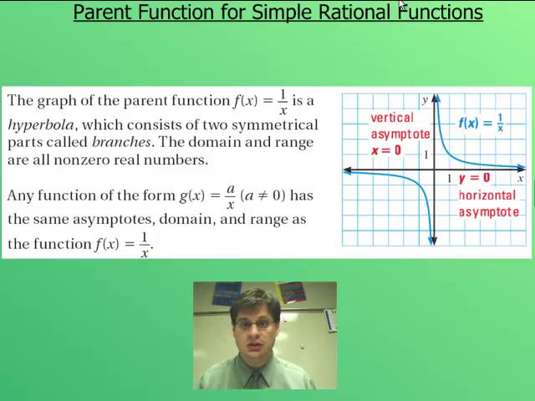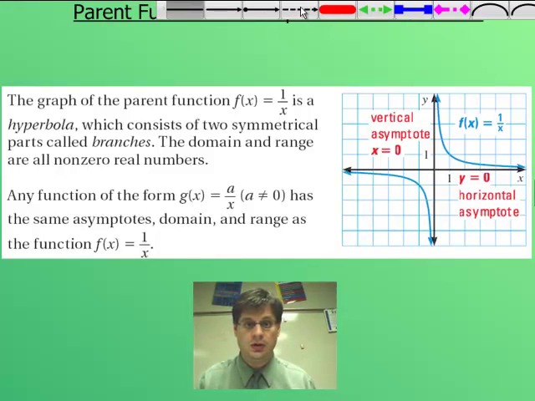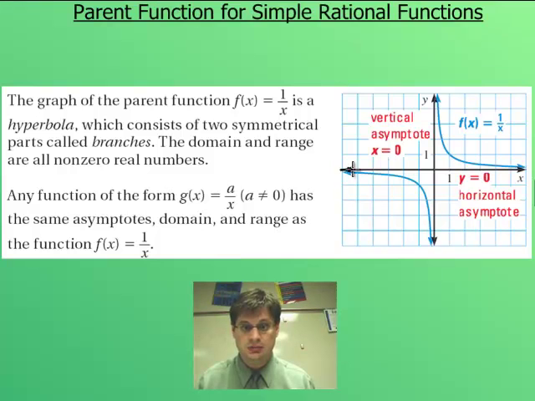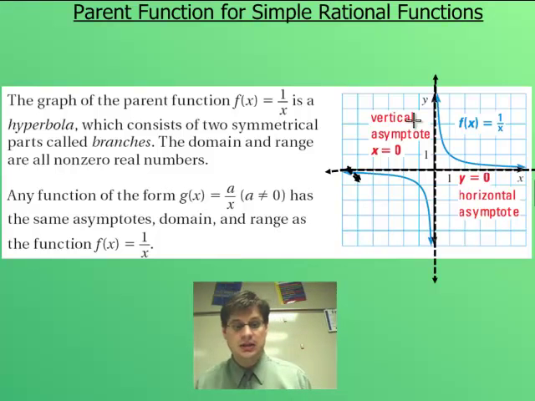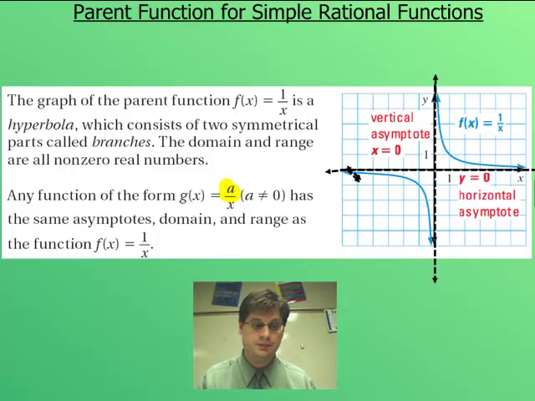So we'll have a horizontal asymptote right there on the x-axis, as well as one on the y-axis vertically, because we can't have a value of 0 either. And this is going to be the same for all of these, no matter what our value of a is going to be, as long as it's in the same form.